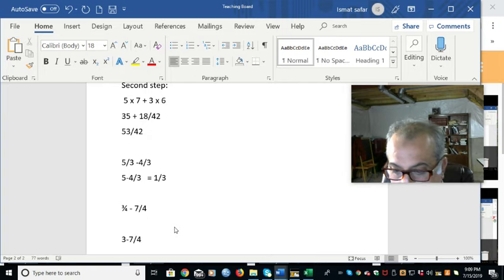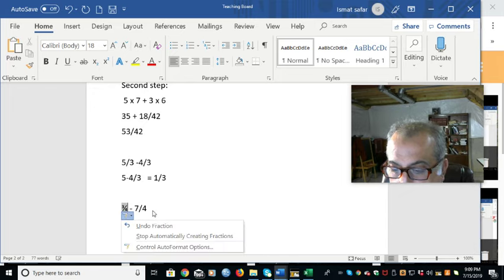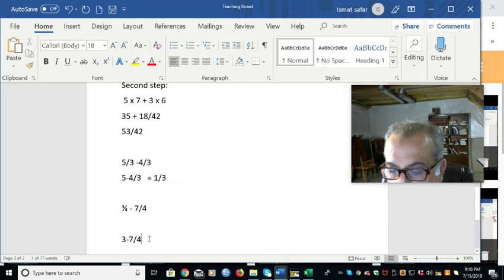The 4 goes on the bottom, like we did in addition, and then we subtract the top. 3 minus 7 divided by 4, which is what? Negative 4 by 4. And that's your answer.